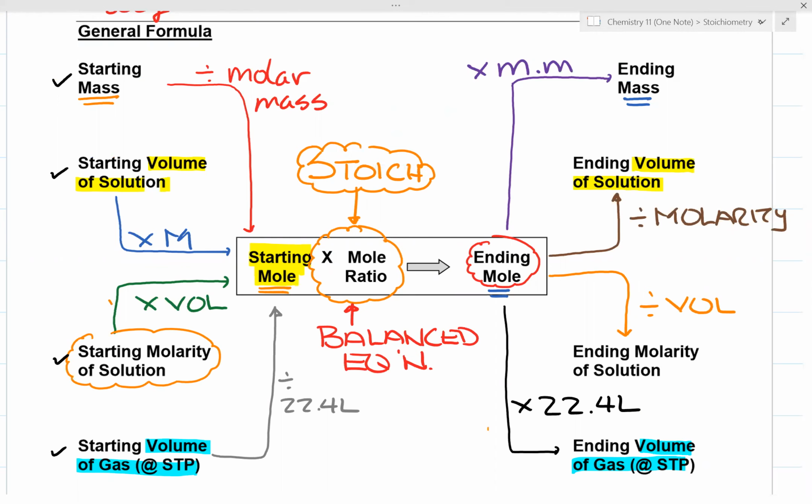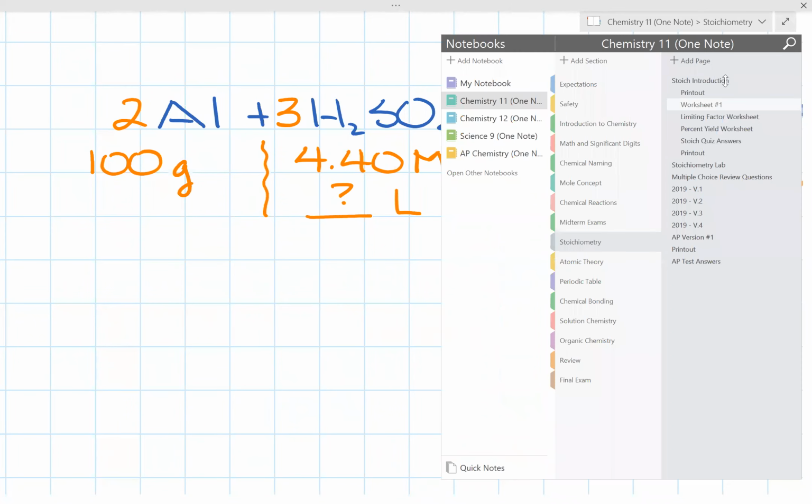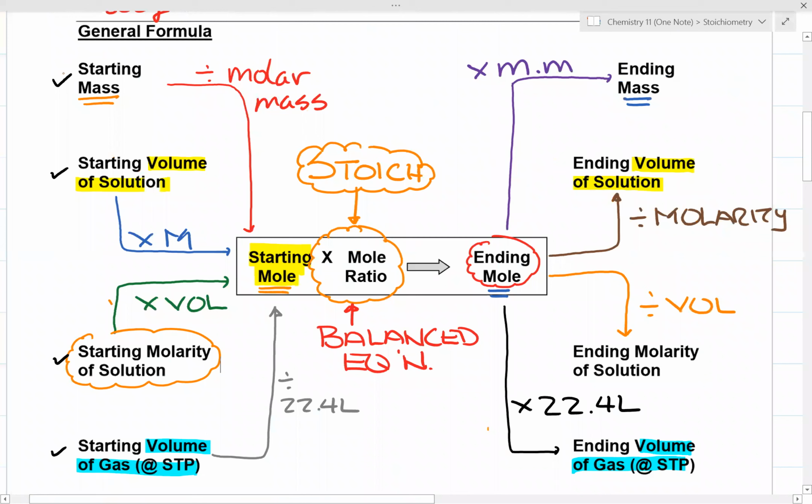And notice I'm not given the volume. So this sort of automatically disqualifies H2SO4. Now, how about aluminum? Well, aluminum, we have mass. So if we had our starting mass, we can use molar mass from our periodic table. So that's what we can do.